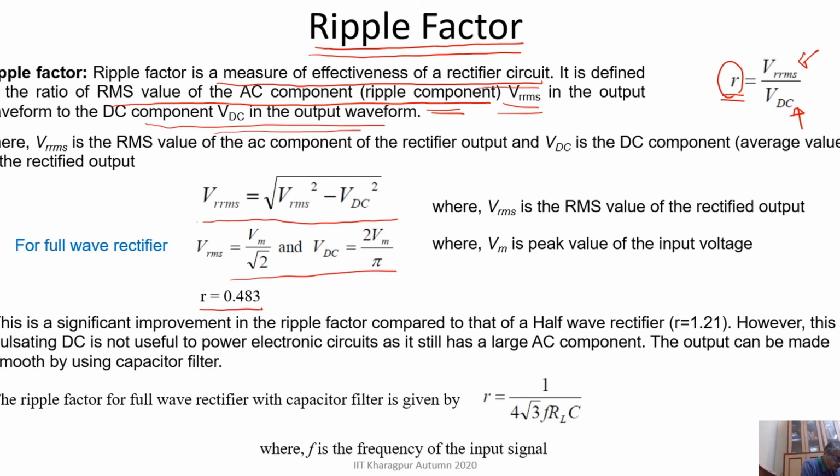So we can find out the ripple factor to be around 0.483 in the case of full wave rectifier, and in the case of half wave rectifier it is equal to 1.21. Obviously, in the case of half wave rectifier, the ripple factor will be more, because the amount of ripple voltage will be much more, because the negative half we are not getting at the output.